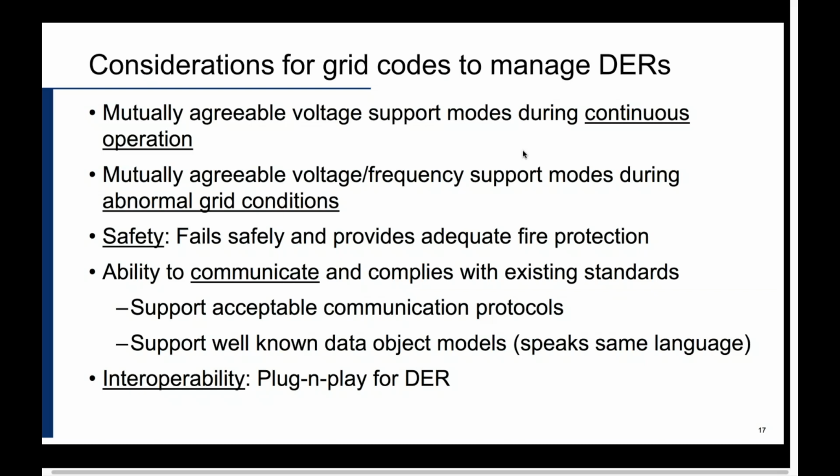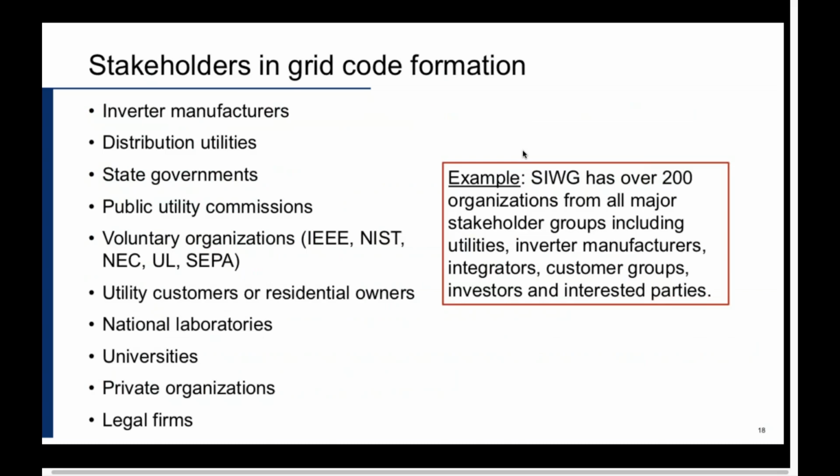And all these DER devices should be capable of communicating in a particular way and comply with an acceptable set of protocols, which means all these devices should be speaking a similar language and be capable of understanding each other. And as the penetration keeps increasing, the most important need is how quickly these devices are plug and play, or what's the minimum time required to just connect and make it run.